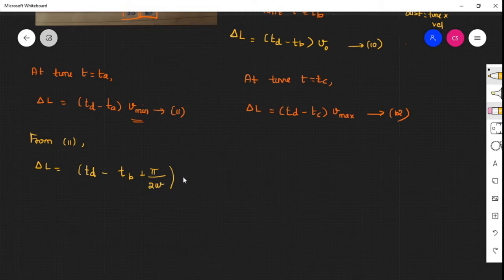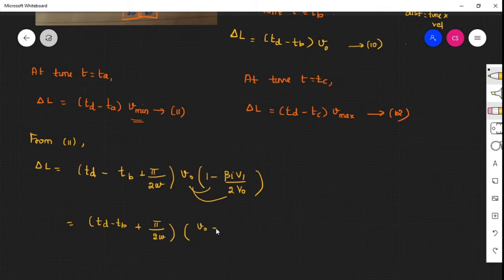What is the minimum velocity? It is V naught into 1 minus beta I V1 divided by 2 V naught. Now we will multiply this V naught inside. So this becomes TD minus TB plus pi by 2 omega into V naught minus beta I V1 V naught by 2 V naught.